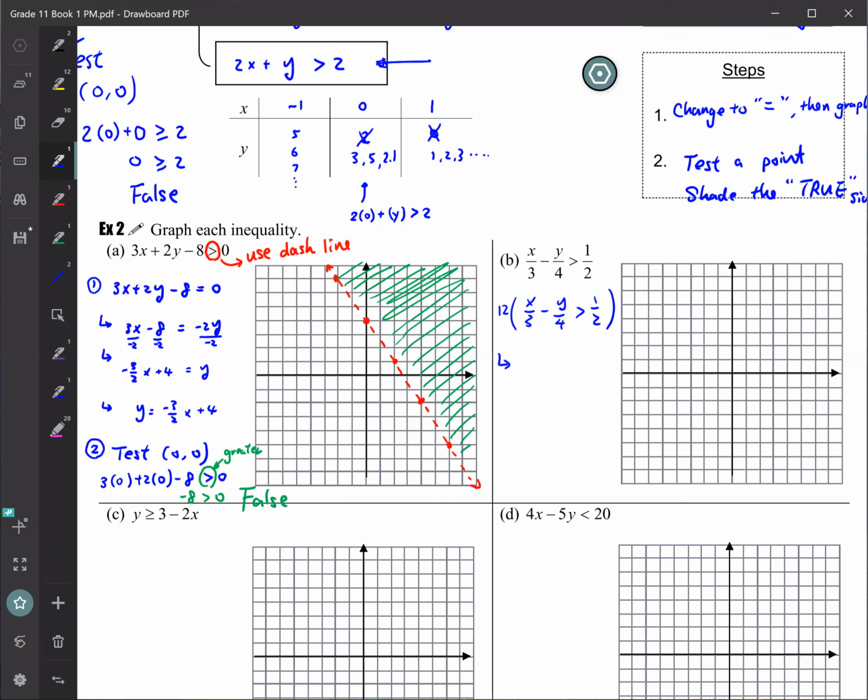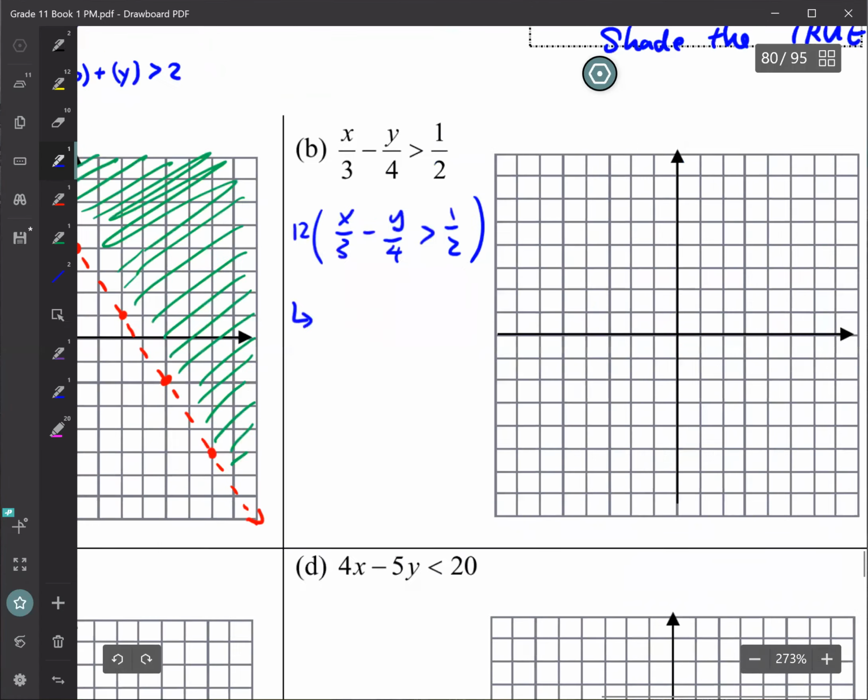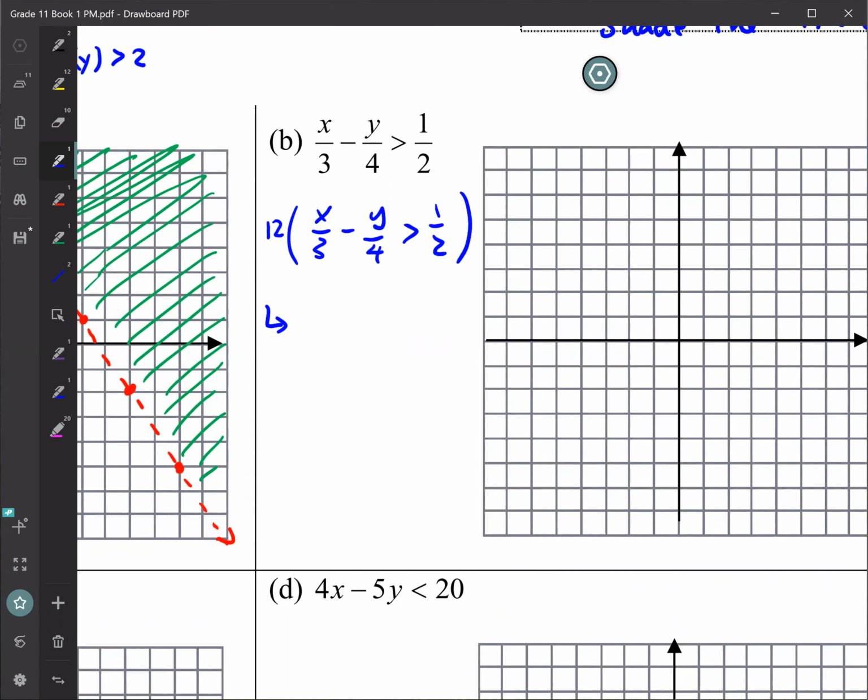All right, and then what would it become now, Evan? Can you simplify it? Yeah, we need to, that's the point of multiplying by the common denominator, to get rid of the denominator. The first one will be 4x, second will be 3y, and then the other one will become minus 3y.